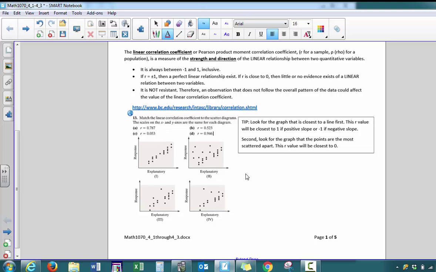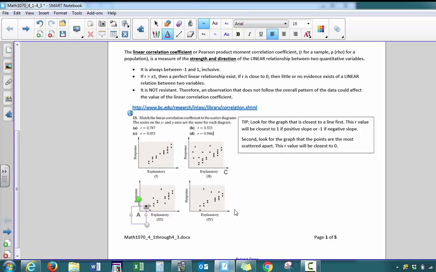For number 2, this is going to be letter C. Then you need to decide on the last two, r of 0.787 and r of 0.523. The graph that matches to A is going to be more closely aligned to a linear equation than the other one. So looking at 3 and 4, the one that's most closely formed to a line would be 3.